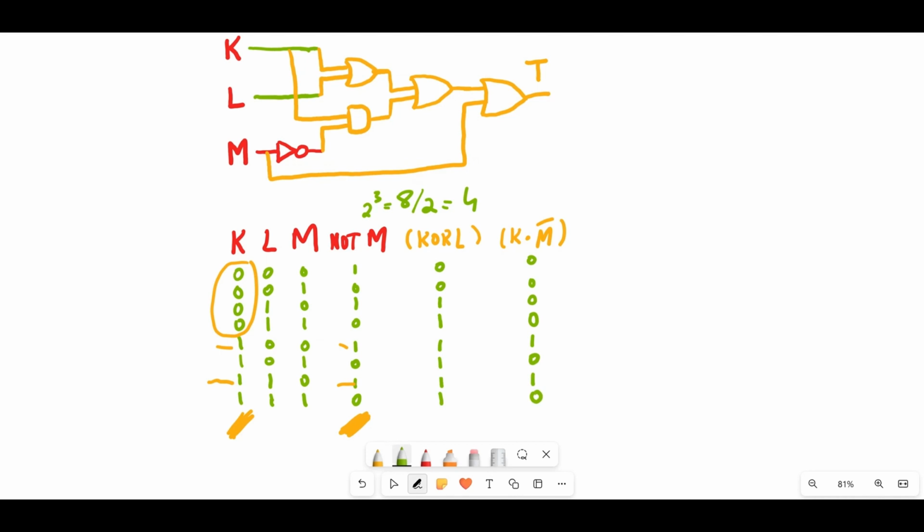Then ORing them up, the OR gate of both of them. The third was the OR of both of them. So for the rough working, we can name them P and Q so that we can shorten it to P or Q, which is actually K or L, or K and not M. These are the two columns of interest right now.